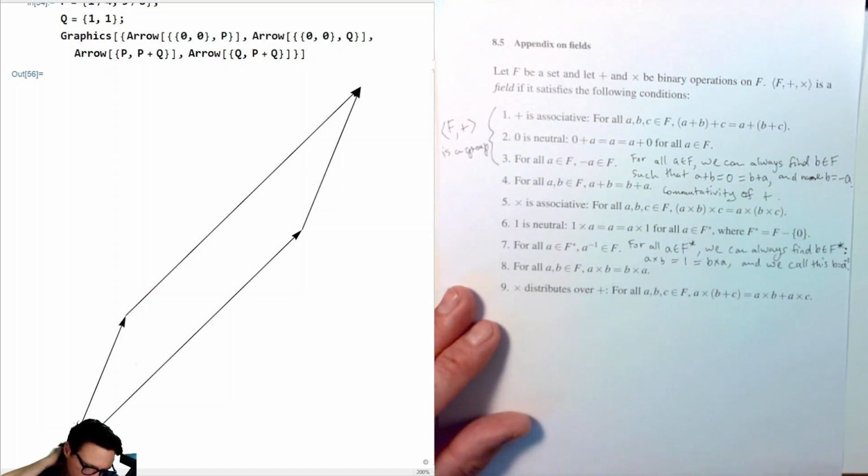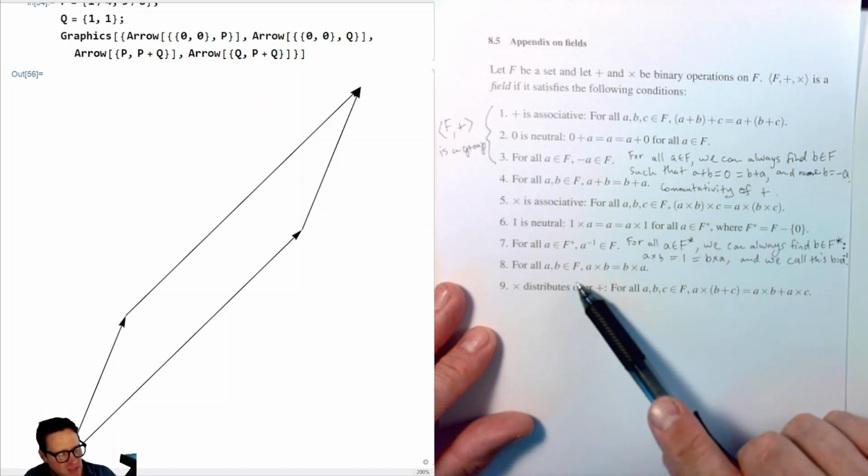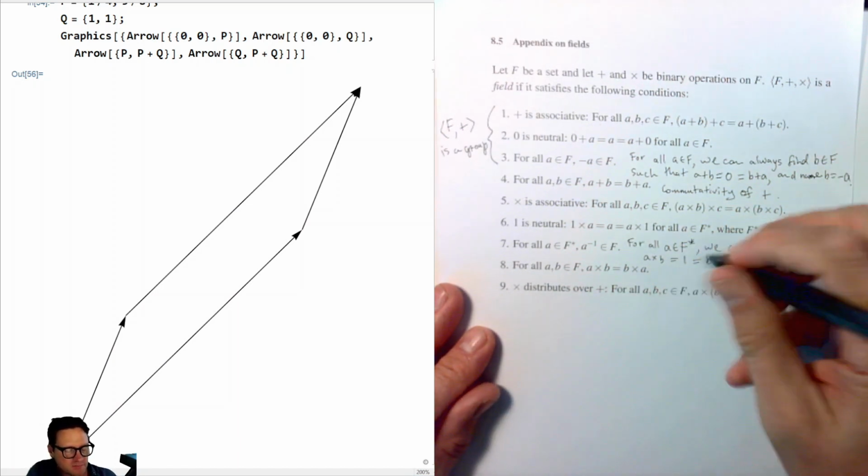If you're talking about something like the field of rational numbers or the field of real numbers. For all A and B in F, A times B is B times A, so commutativity of multiplication.